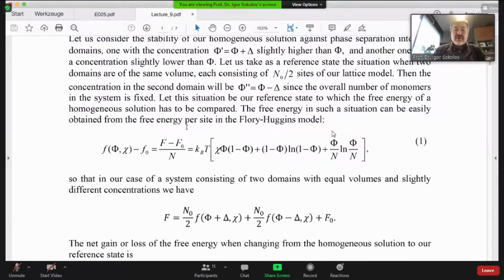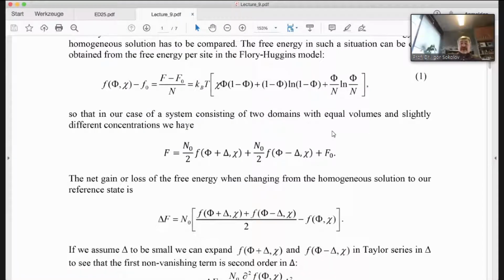So if I do so, if I take each of the parts having the total number of sites, which is exactly 1/2 of the full number of sites, then the concentration in one would be the number of monomers per site, phi plus delta, this will be polymer rich, and this will be polymer poor, phi minus delta. And these deltas are the same.